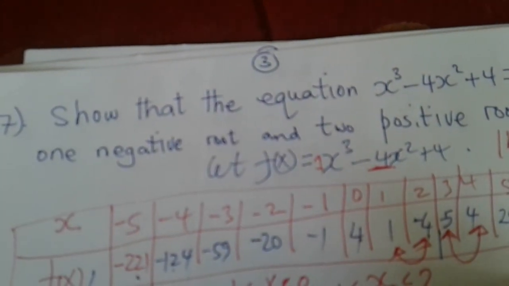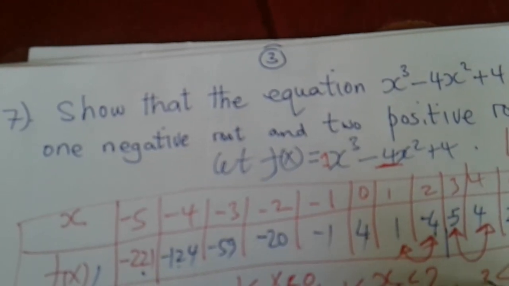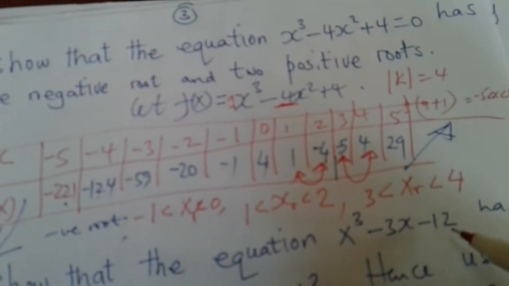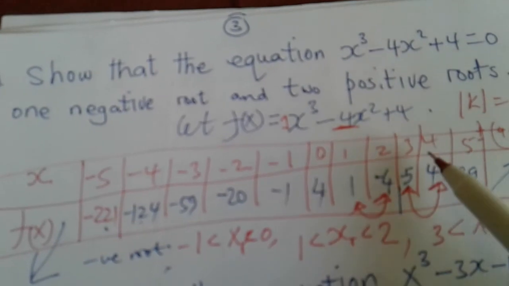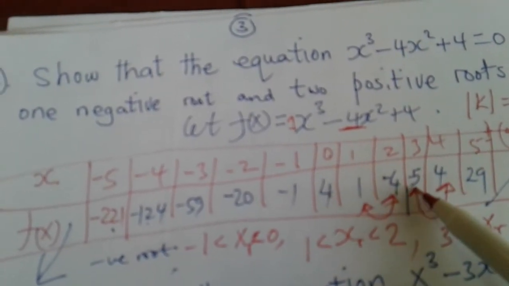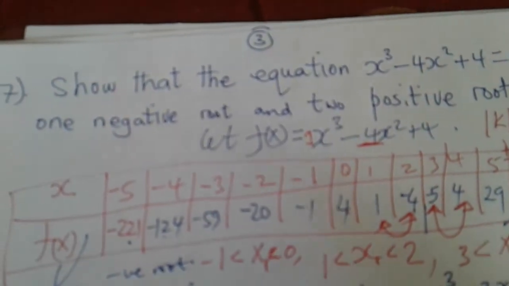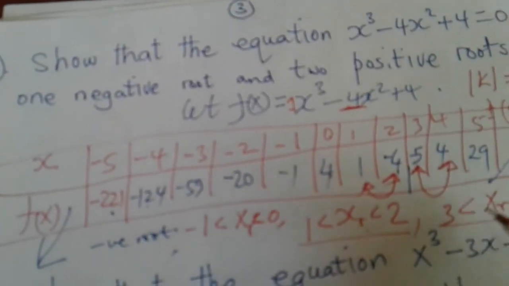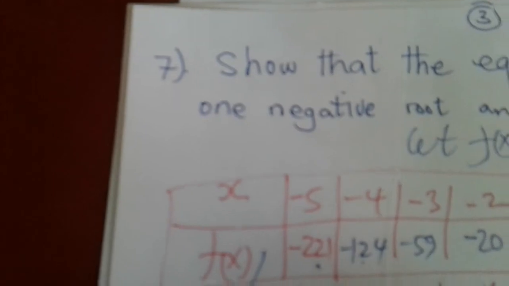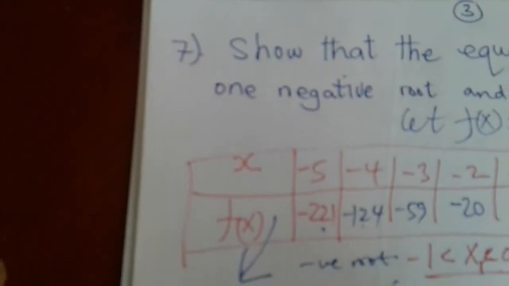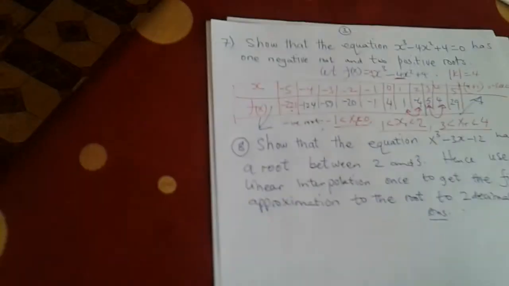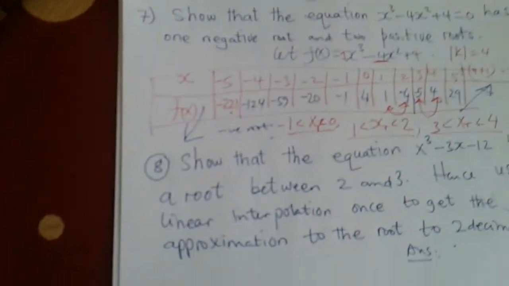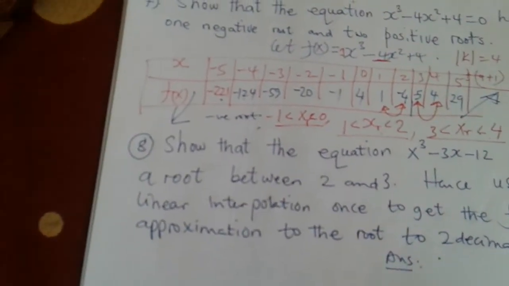So another positive root lies between 3 and 4, because from 3 to 4 f of x changes sign. Therefore, these are the two ranges where you shall expect a positive root, and this is where you expect a negative root.